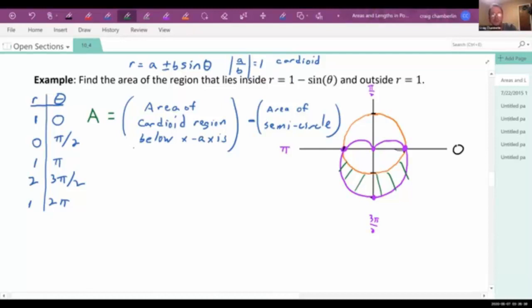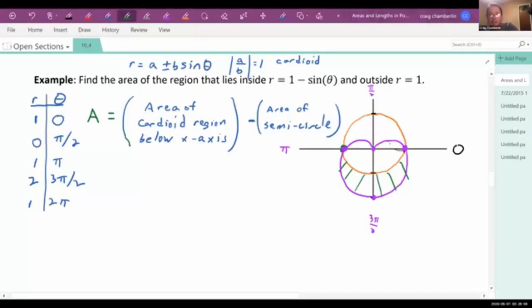So I need to find the area of the region bounded by the cardioid that lies below the x-axis.